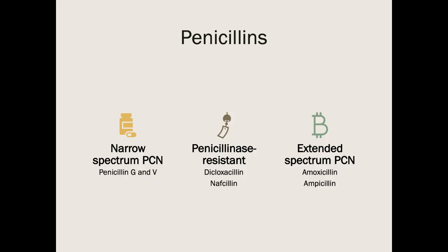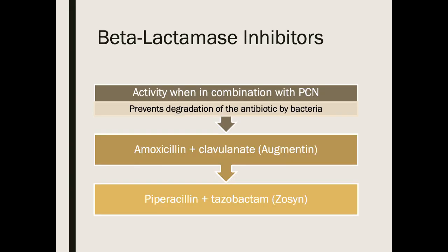As we get into penicillin resistant bacteria, these bacteria produce penicillinase, which breaks down penicillin. So we have developed, in turn, penicillinase resistant penicillin, antibiotics that are resistant to this thing that the bacteria produce that breaks down the antibiotic itself and makes the bacteria resistant to the penicillin.